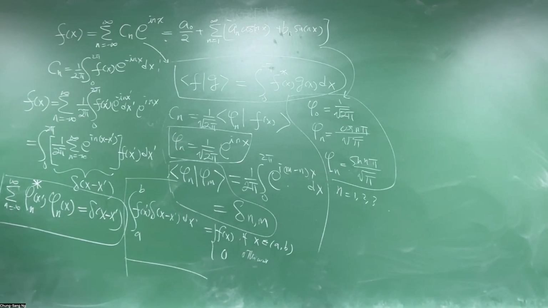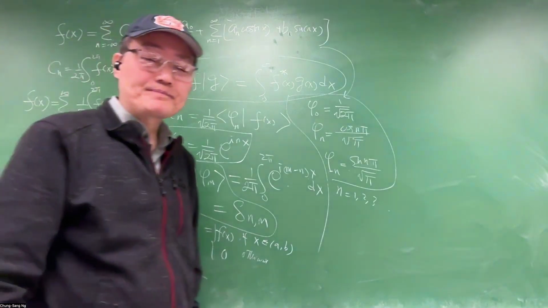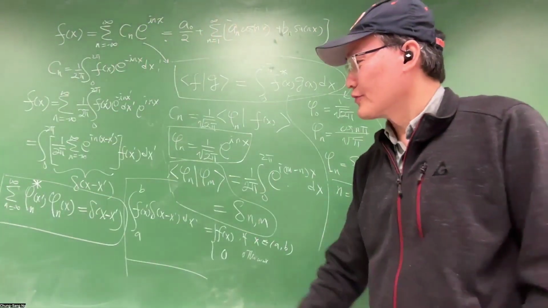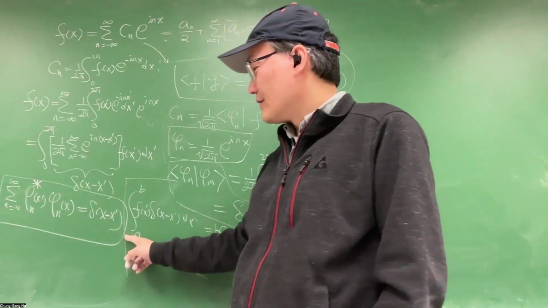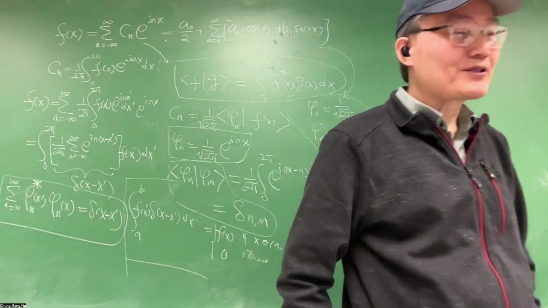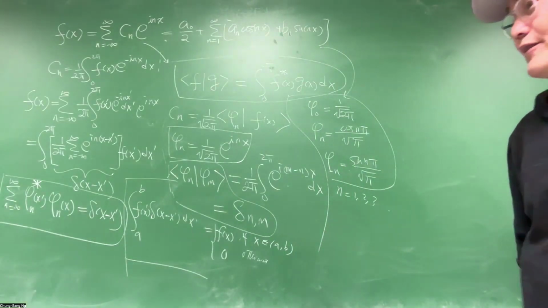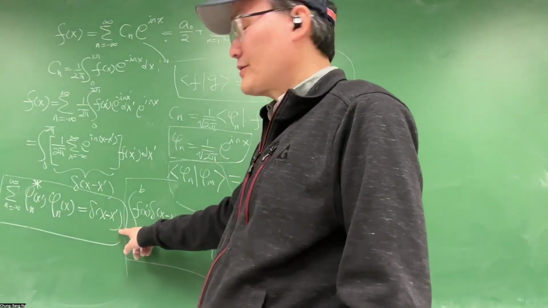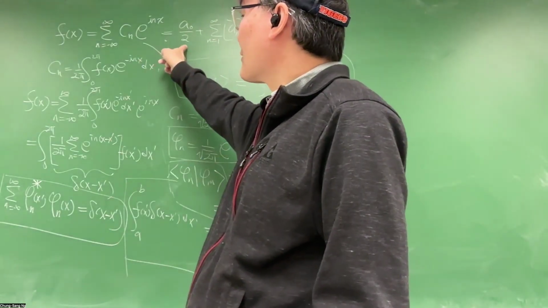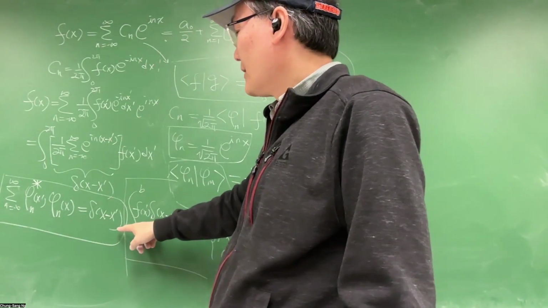That is useful in many cases, especially when we do some problem where you have a delta function. You can say that this is like expanding a delta function using this Fourier series.